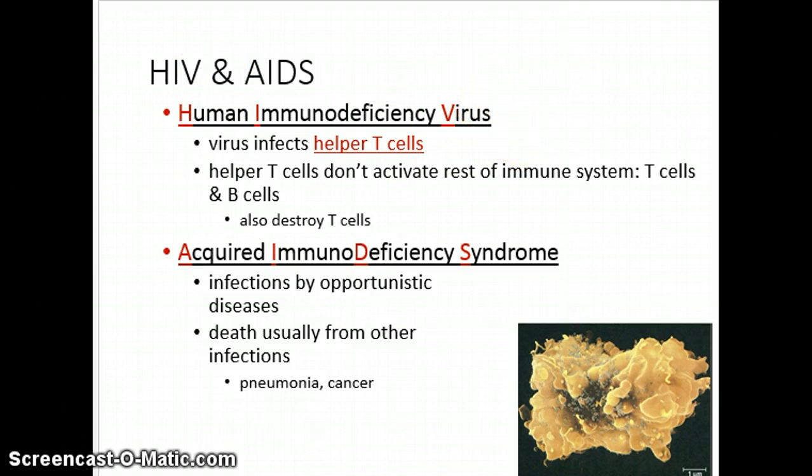Obviously, it's a very serious illness because essentially, without a functioning helper T cell system, any infection that comes our way is not going to end up with any sort of defense or response.